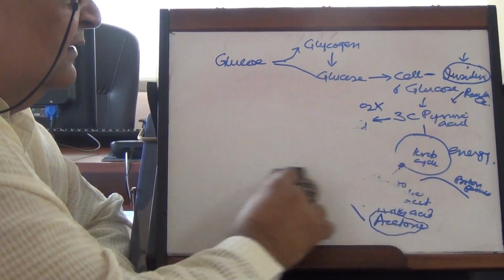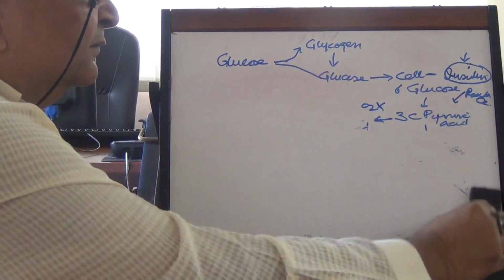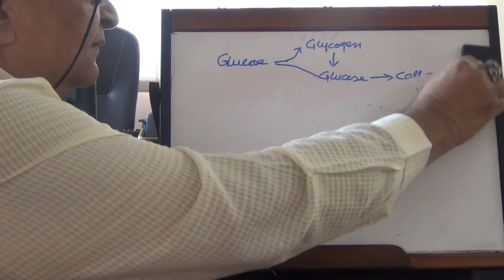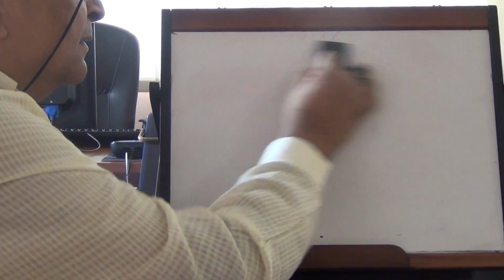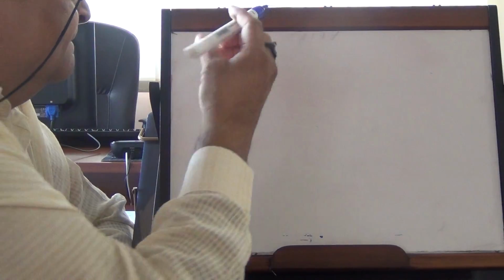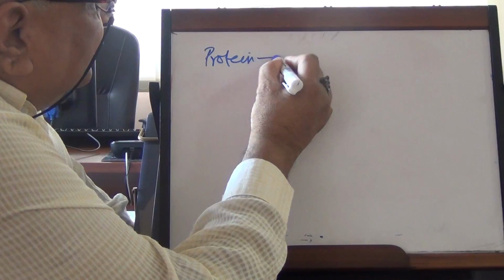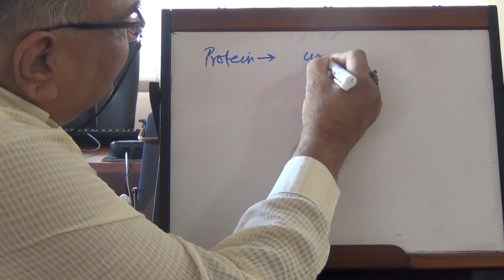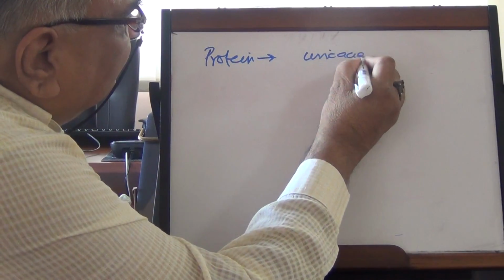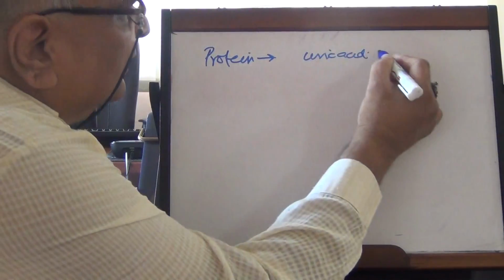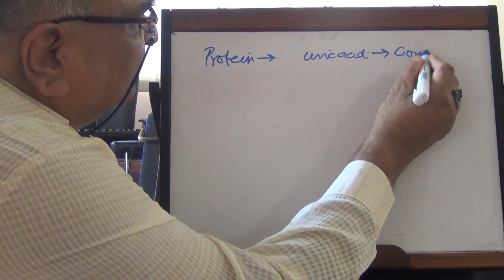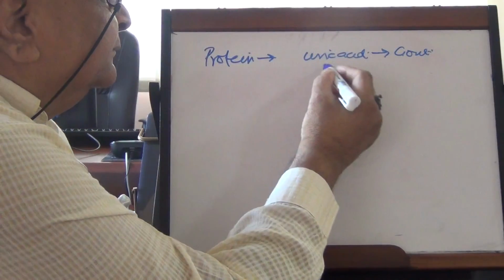The second thing that the liver deals with is protein, and basically protein is converted into uric acid. Uric acid can cause gout or arthritis.